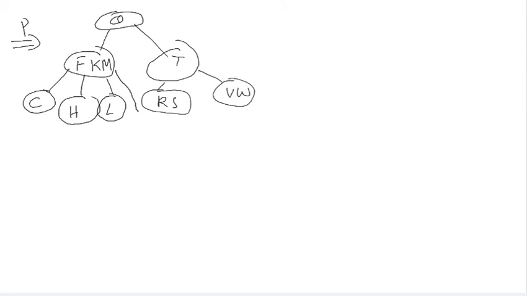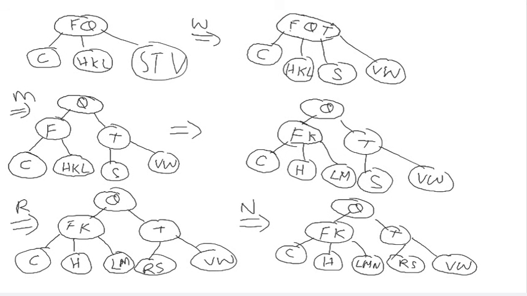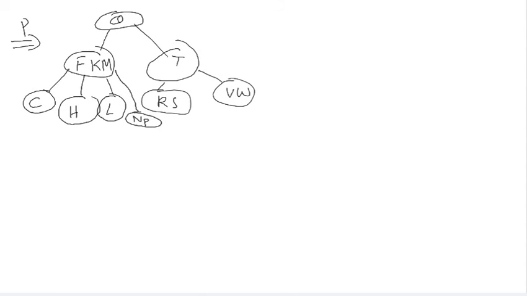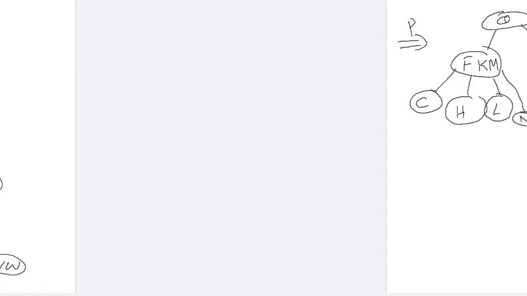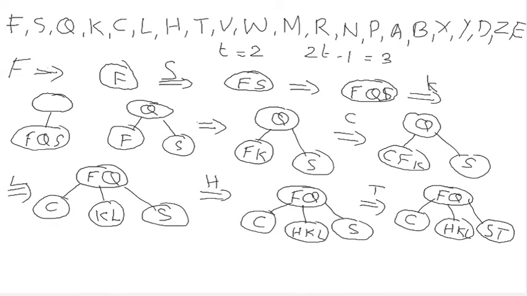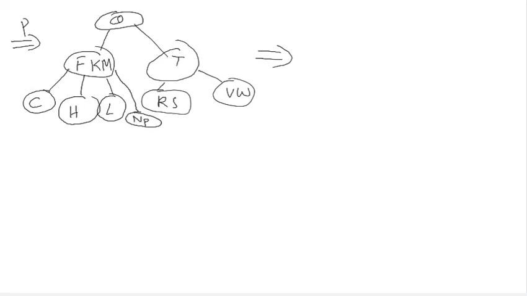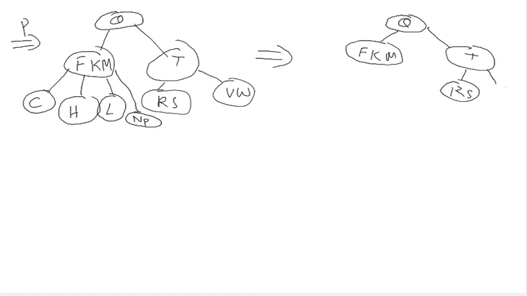So Q here, then we have F, K, M and T. So T has R, S and V, W. Then to the left of F we have A, C, and here we have H, here we have L, and here we have N, P. Okay, so after A we need to insert B.